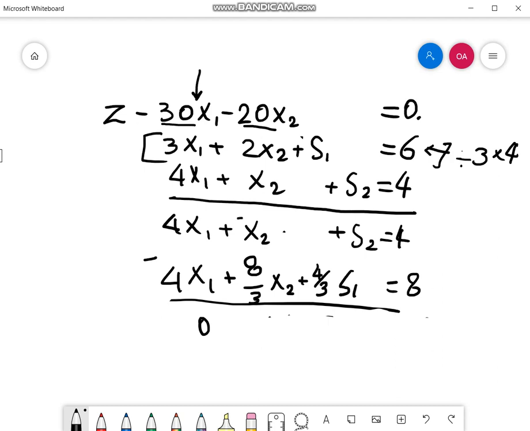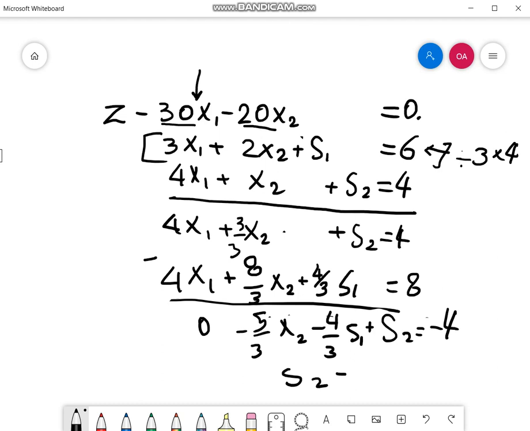We know this is 3 over 3, so minus 5 over 3 x2 minus 4 over 3 s1, plus s2 equals minus 4. So s2 is becoming minus 4.